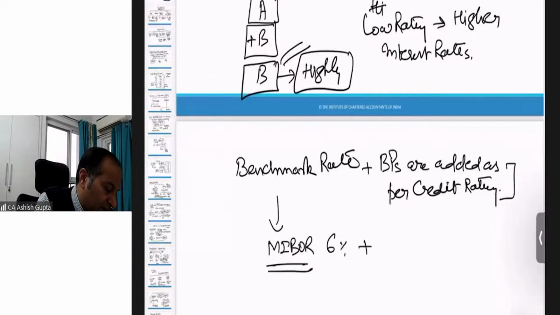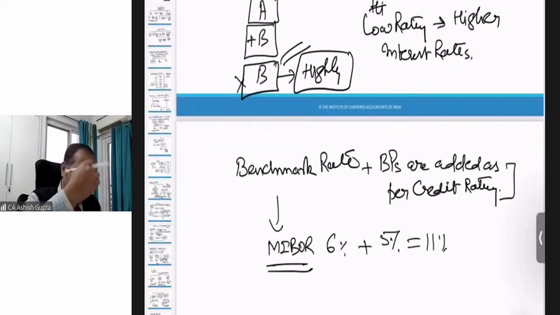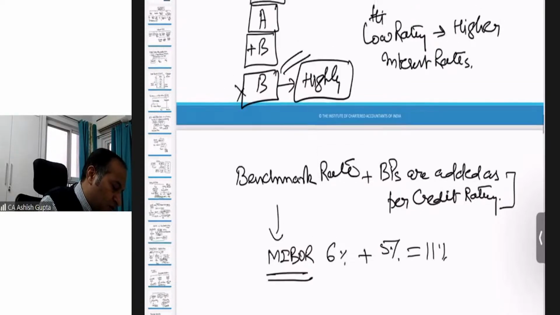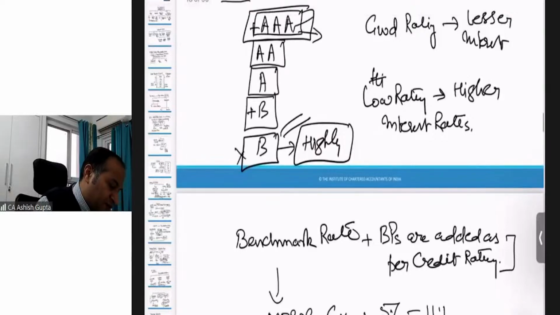However, a company with a poor credit rating, highly risky, may say, I will give you a compensation of 5%. It means I will issue the bond at 11% because there is no guarantee. Even at 11%, it may be possible that you will not get your principal back.